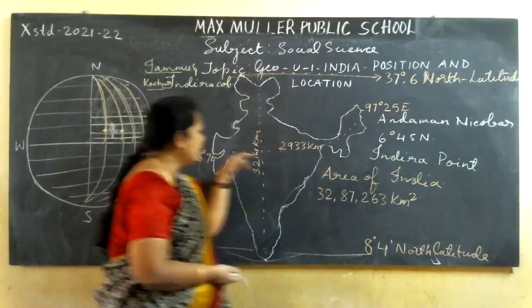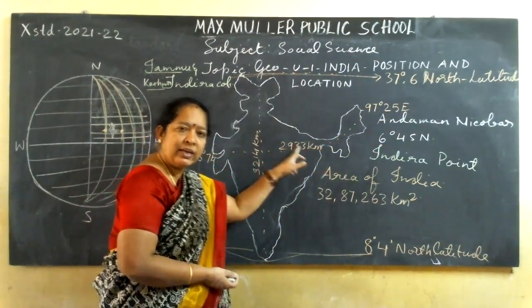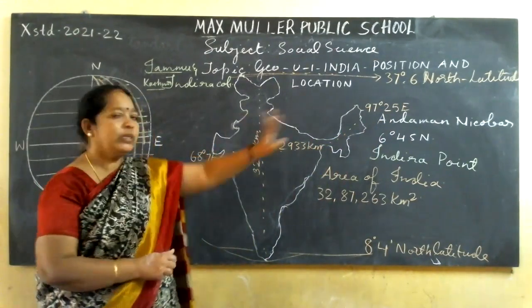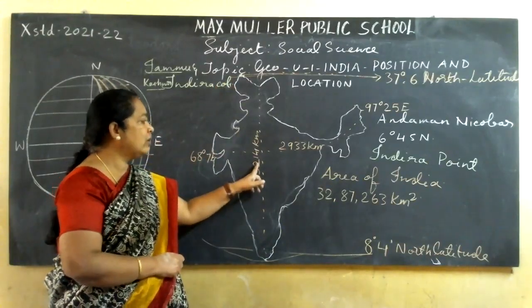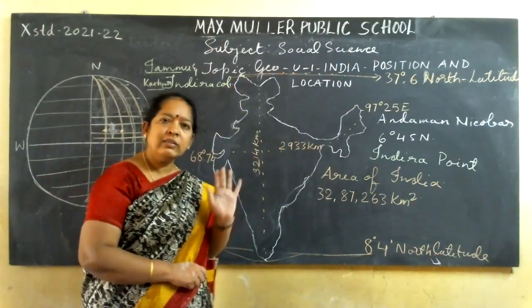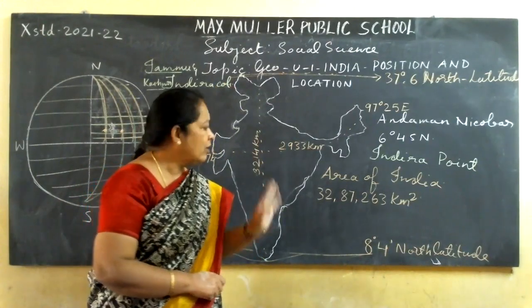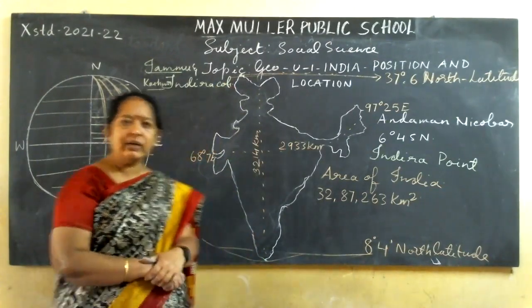If you are traveling straight, it is 2,933 kilometers. Next, from north to south, it is 3,240 kilometers. And total area is 32 lakh 87,263 kilometers square. Is it clear?